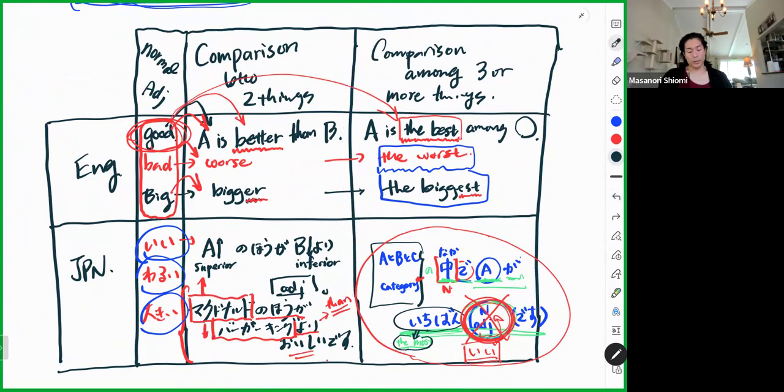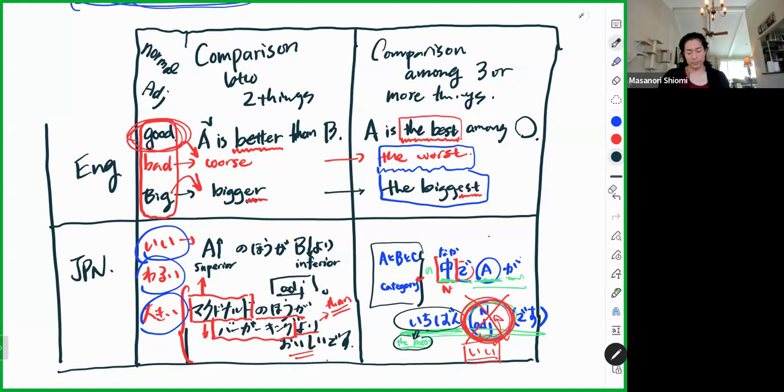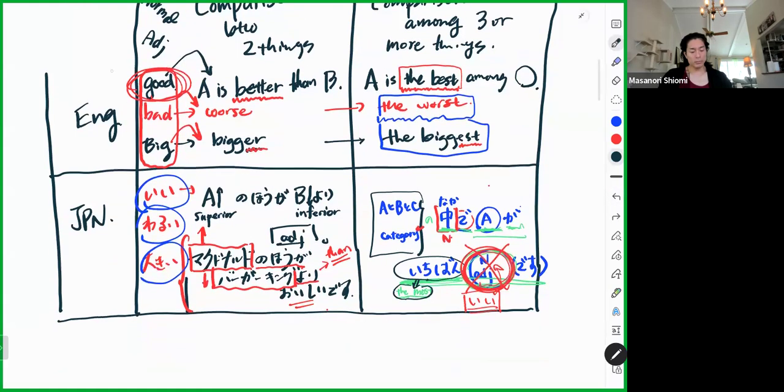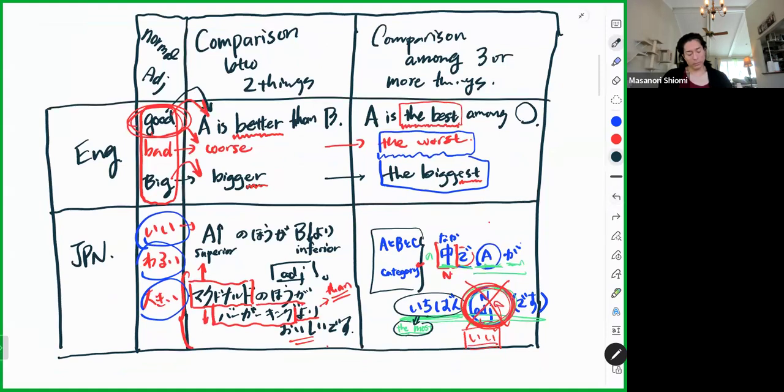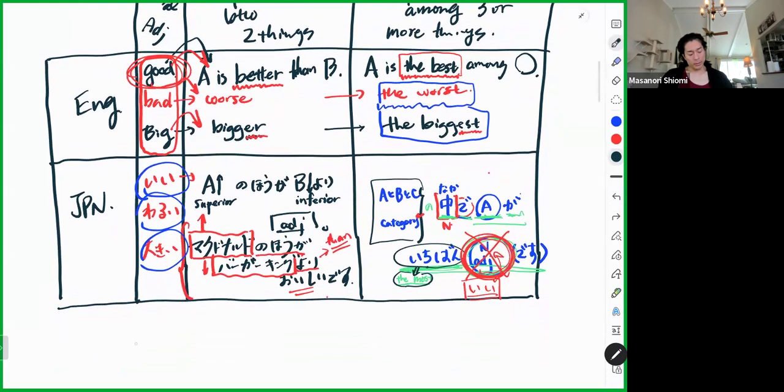But we haven't covered how to ask questions about these. For example, in English we can say, hey, which is better, A or B, right?